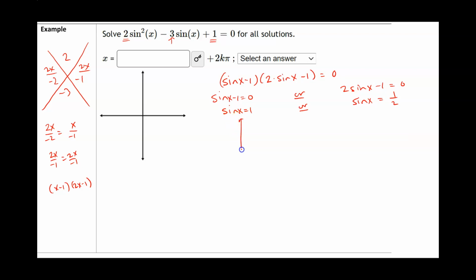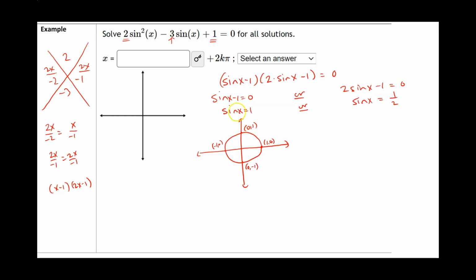For the first one, I can use a quadrantal angle, because anytime sine or cosine is equal to 0 or 1, I'm going to get a quadrantal angle. So if I write my points, this is 1, 0, this is 0, 1, this is negative 1, 0, and this is 0, negative 1.